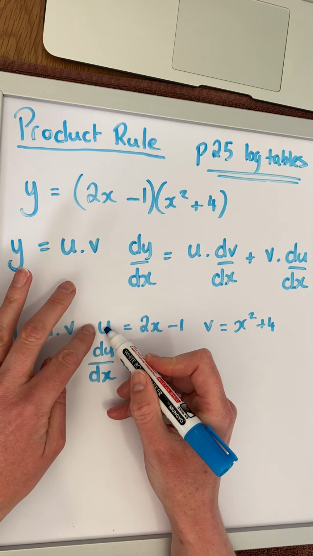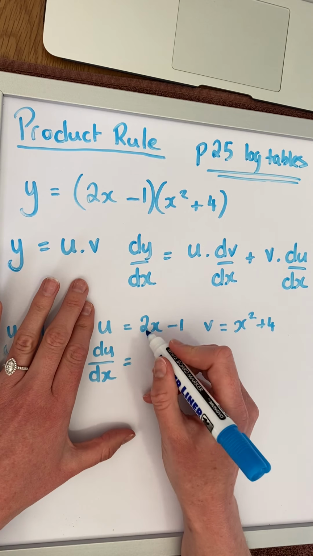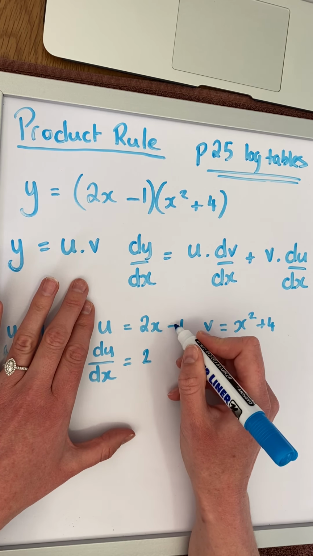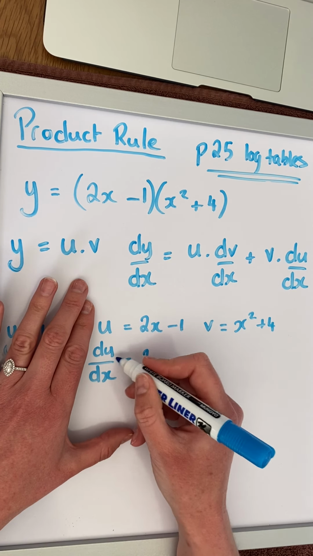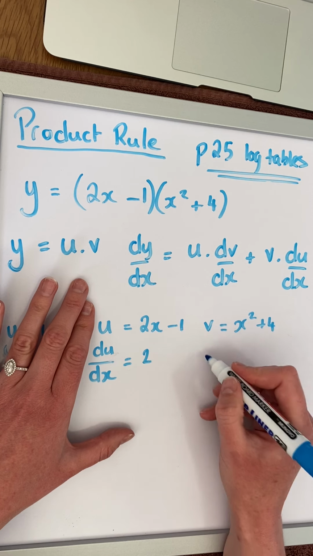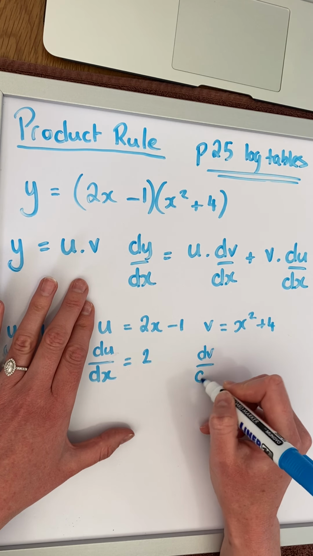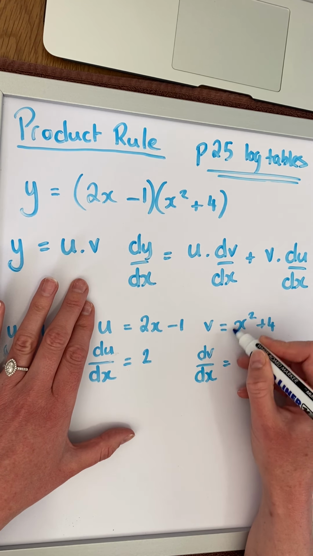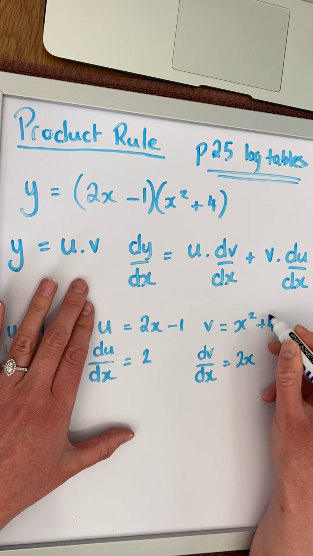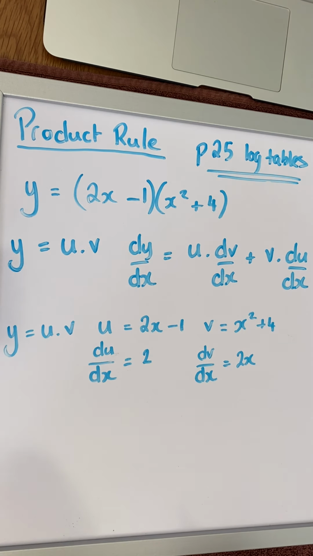So we differentiate u with respect to x. Remember, for a linear component, we drop the x, and a constant becomes 0. So du/dx in this case becomes 2. We then repeat the process with v. We look at dv/dx. For x squared, bring down the power and multiply, reduce the power by 1, that becomes 2x. The 4 disappears because it's a constant, it becomes 0.